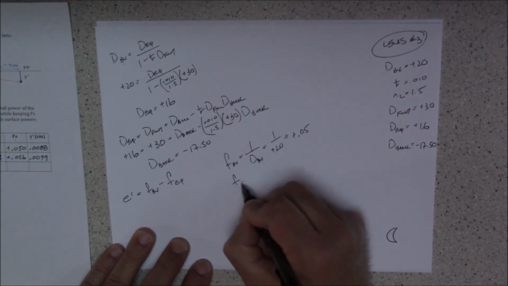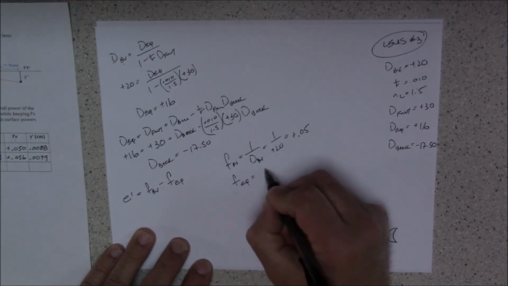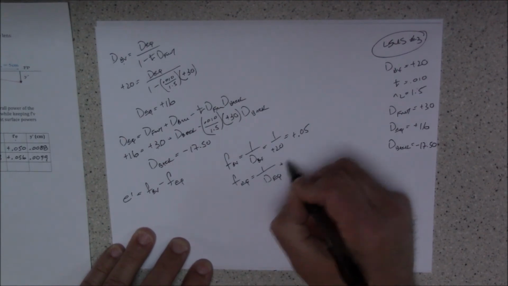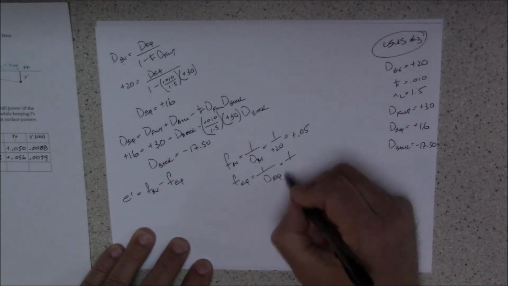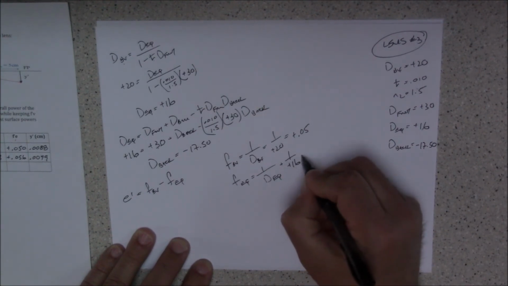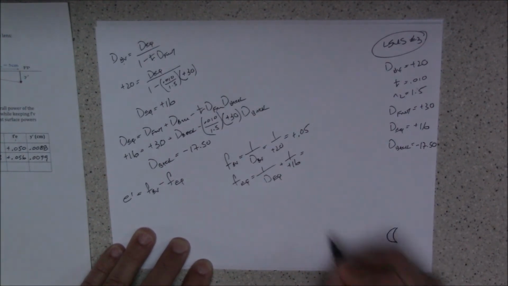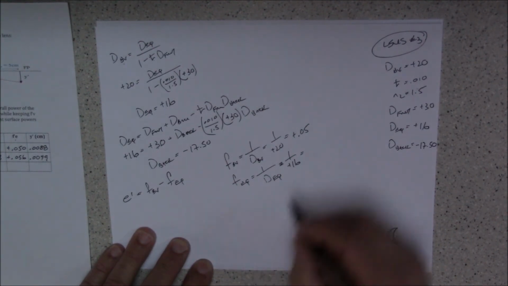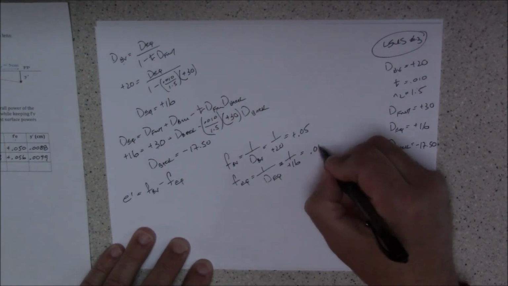And I need to know the focal point of the back equivalent power. That's going to be the inverse of the back equivalent power, which is 1 over the equivalent power you just found, which is 16. And that's not a plus, that's going to be equals. So that's the inverse of 16, and the inverse of 16 is 0.063.